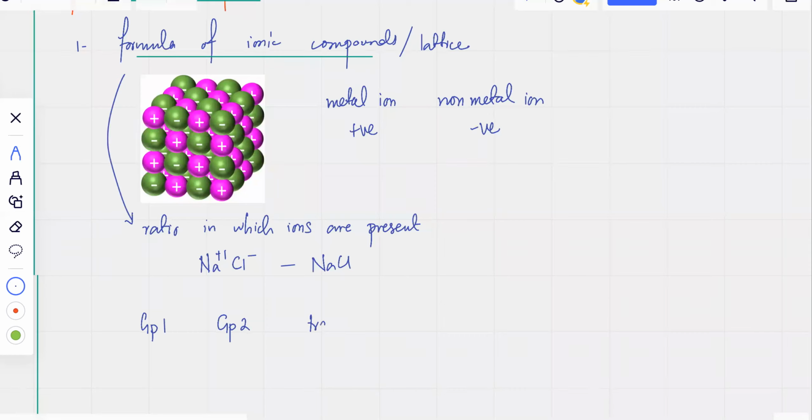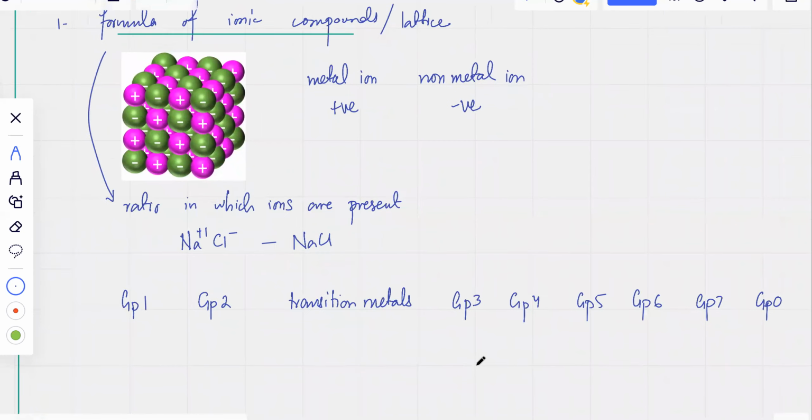In between there are transition metals. And then you have your group 3 and your group 4 and 5 and 6 and 7, and then finally your noble gases or group 0, also known as group 8.